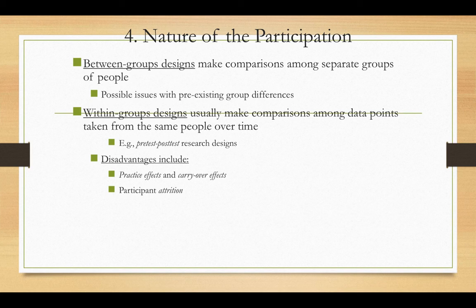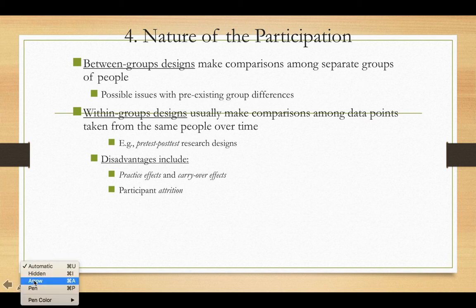Now, the second issue that we may encounter with a within groups research design, where we use the same individuals across multiple groups, is what's called a carryover effect. We find this a lot with drug research studies. Participants come in and we give them a drug, and now we come in for session number 2, and the drug from session number 1 hasn't completely gone out of their system.